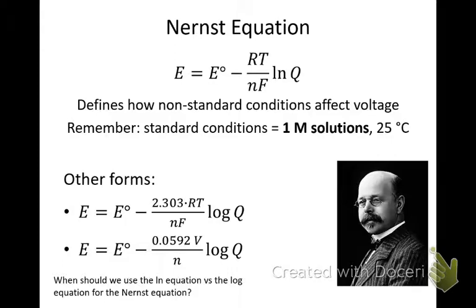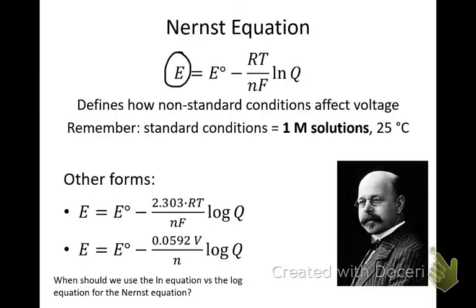The Nernst equation tells us how the potential of a cell under non-standard conditions is affected by the conditions, so things like the concentrations, Q. This Q here is the same Q that we've dealt with before. We can also see that this is going to show us how the potential will be affected by temperature, because under standard conditions, the temperature is 25 degrees C. R here is the ideal gas constant.